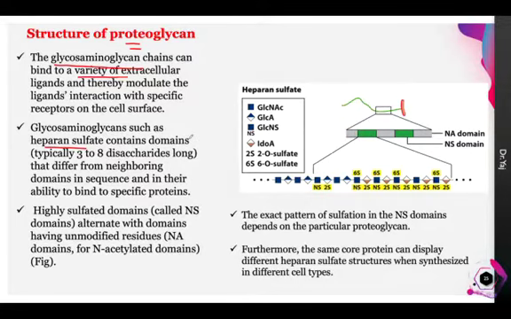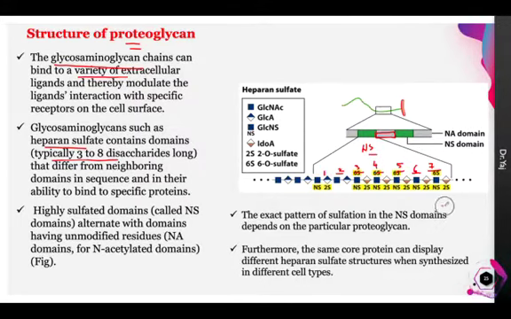And you can see there, this is the NS domain, where we have 7 disaccharide repeats, and followed by that there is the acetylated NA domain. So generally, heparan sulfate will have an alternate of NS and NA domains.